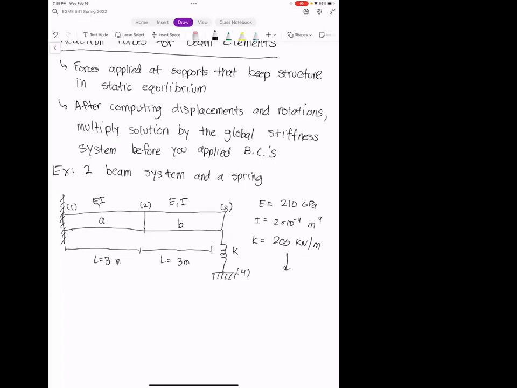All right, and so now that we have numbers on this, we can actually solve this. And so let's solve for the nodal displacements and rotations.